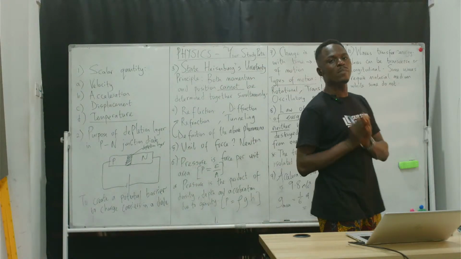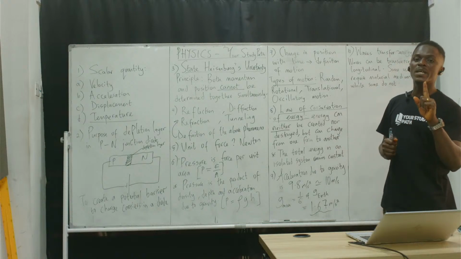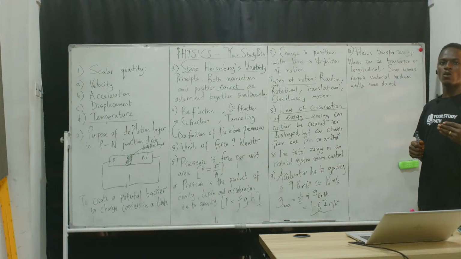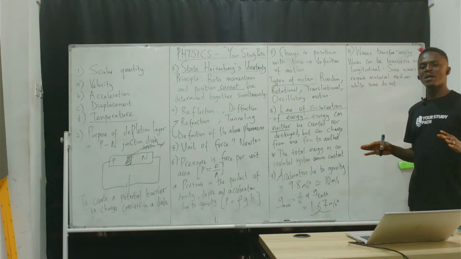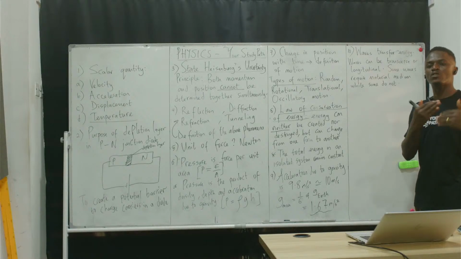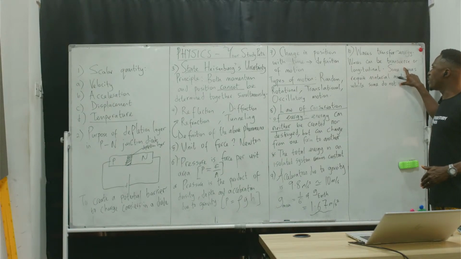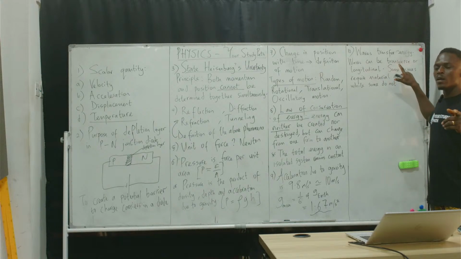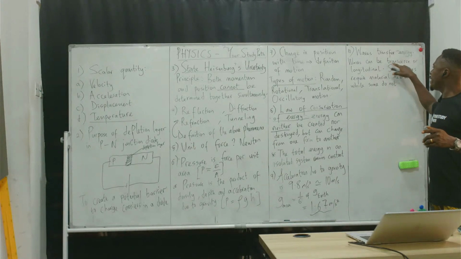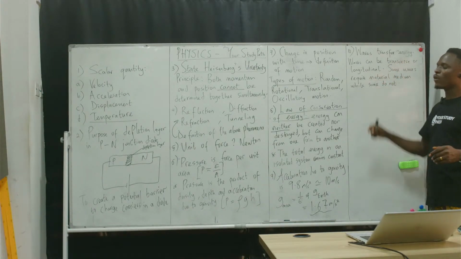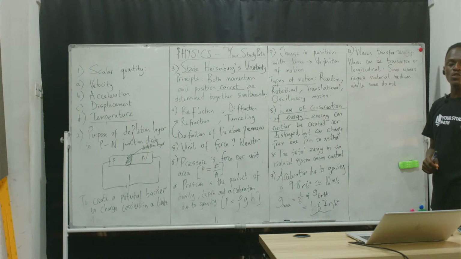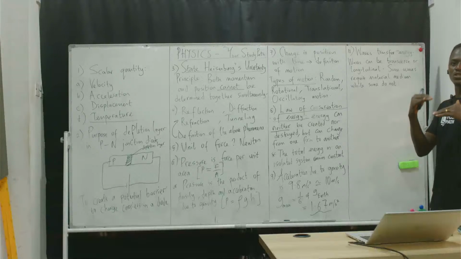When waves require material medium, then we are making emphasis on mechanical waves. When waves do not require material medium, we are talking about electromagnetic waves. As such, this part here is talking about electromagnetic and mechanical waves. Here, talking about transverse and longitudinal, then you are making reference to direction of propagation with respect to direction of vibration of the wave.